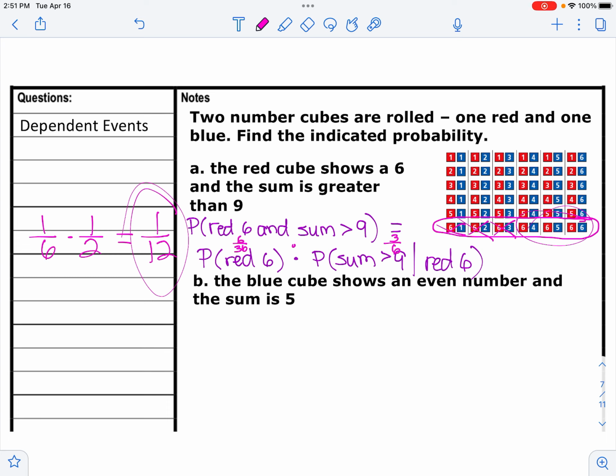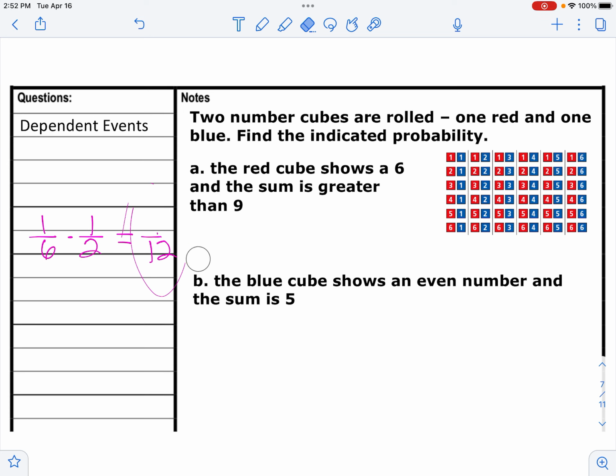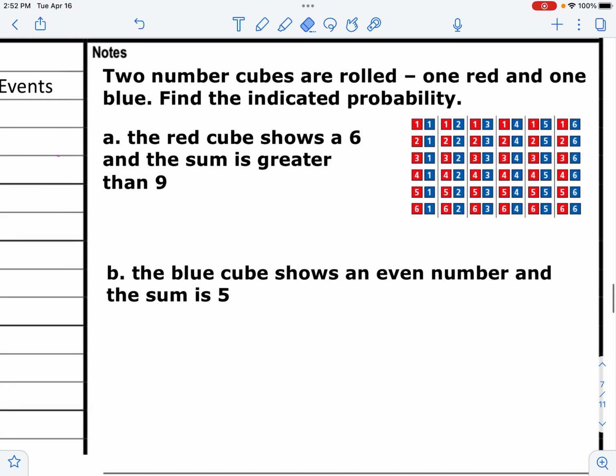All right. How about this second one? Let me erase this. This might be a little confusing. So I'm just going to get that out of there. All right, now the blue cube, probability the blue cube shows an even number and the sum is greater than 5.